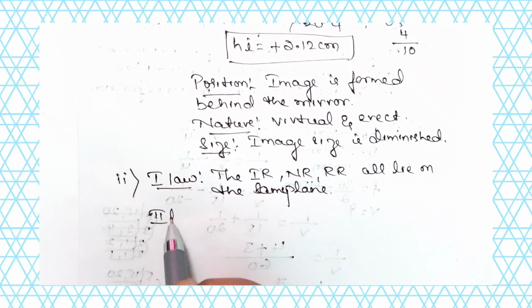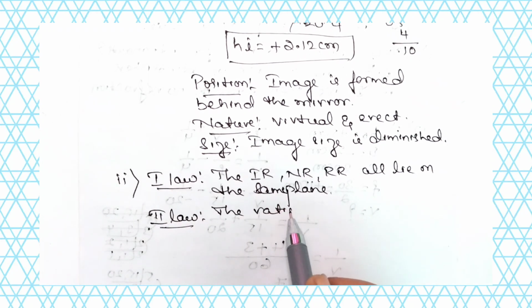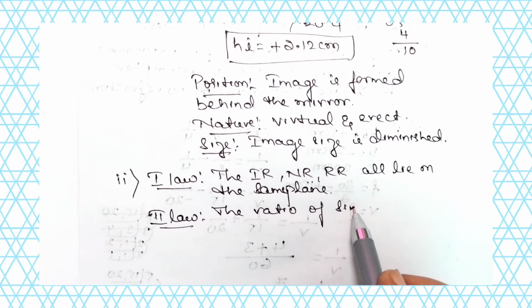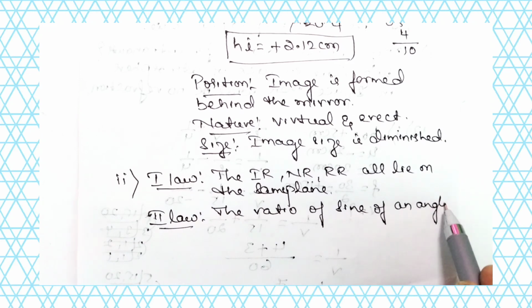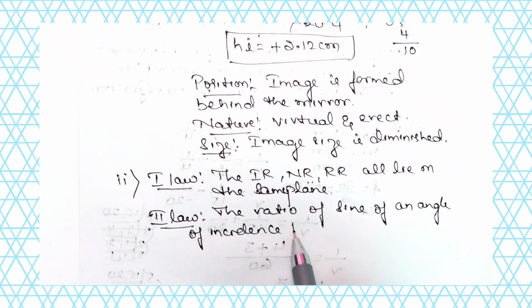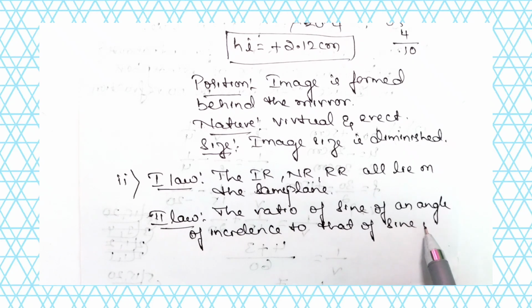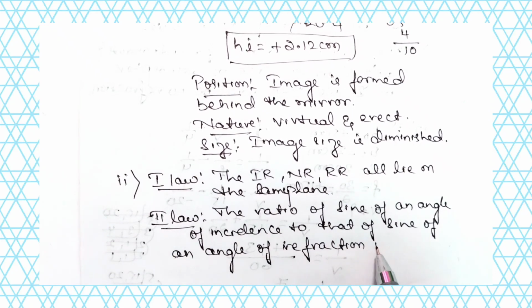Then coming to the second law, the ratio of sine of an angle of incidence to that of sine of an angle of refraction is constant.